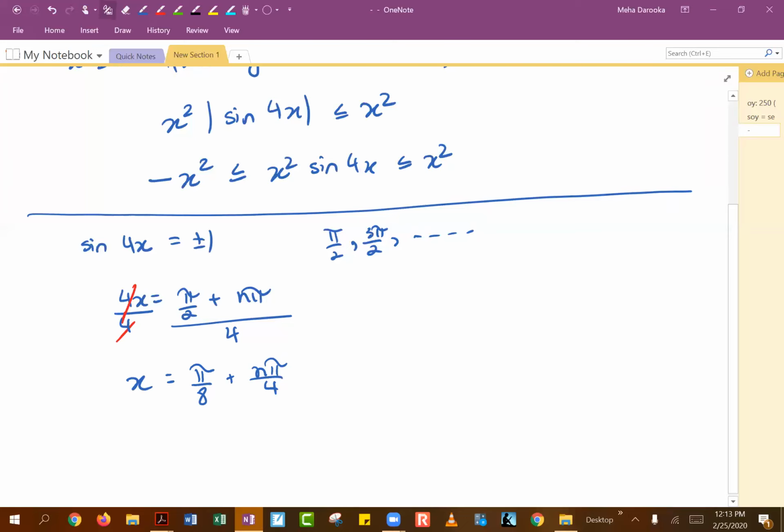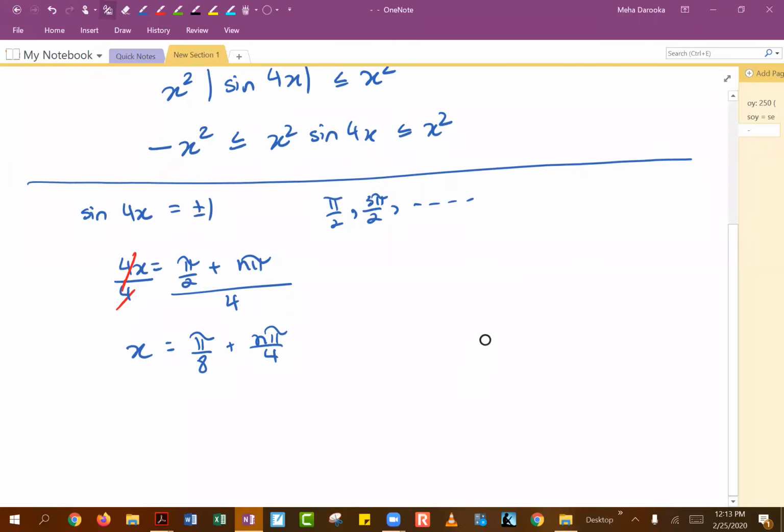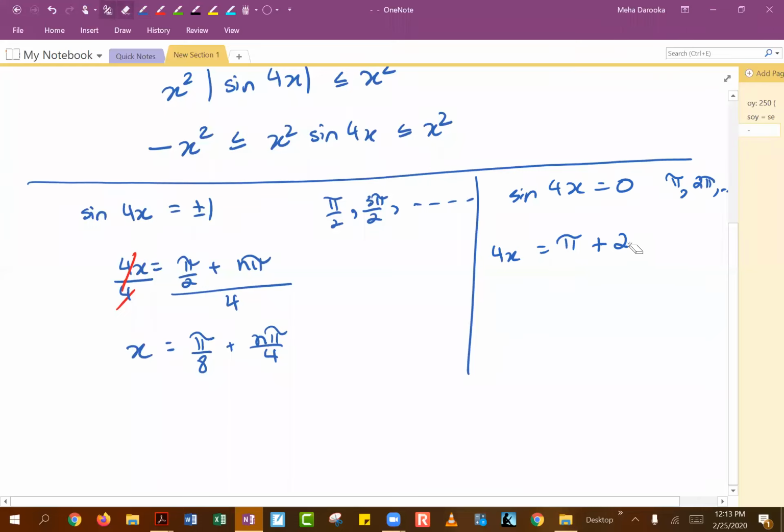Okay, in that same way, you can think about where we are going to have zeros. So zeros for a sine function happen at what values? Right, very good. Pi, 2 pi, and in that order. So for 4x, it's going to be pi and then multiples of pi.